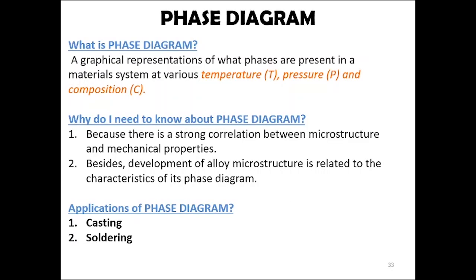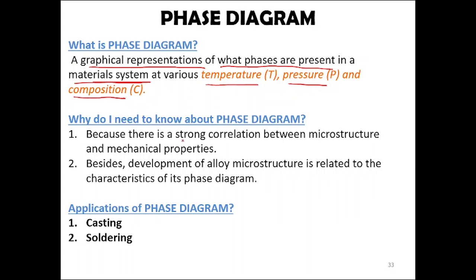First thing, we must know what is phase diagram. It is a graphical representation of what phases are present in a material system at various temperature, pressure, and composition. So why we need to know about phase diagram?